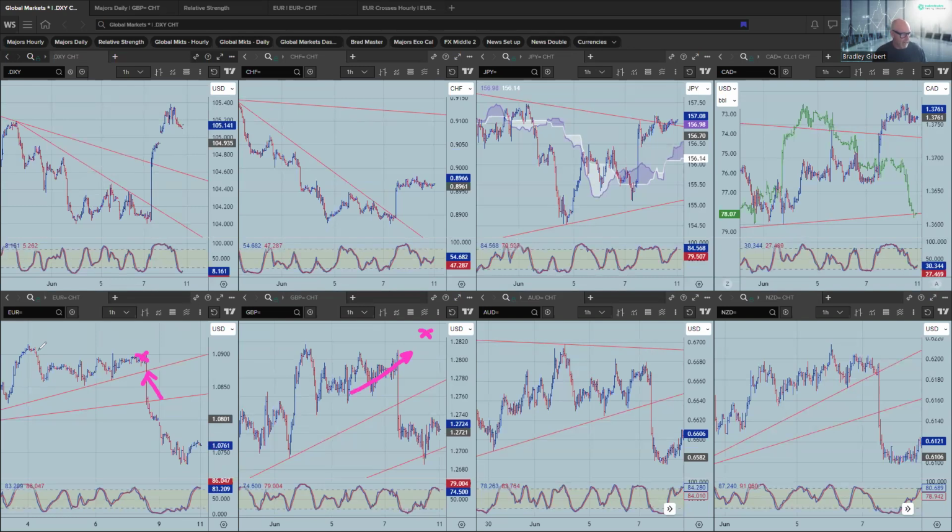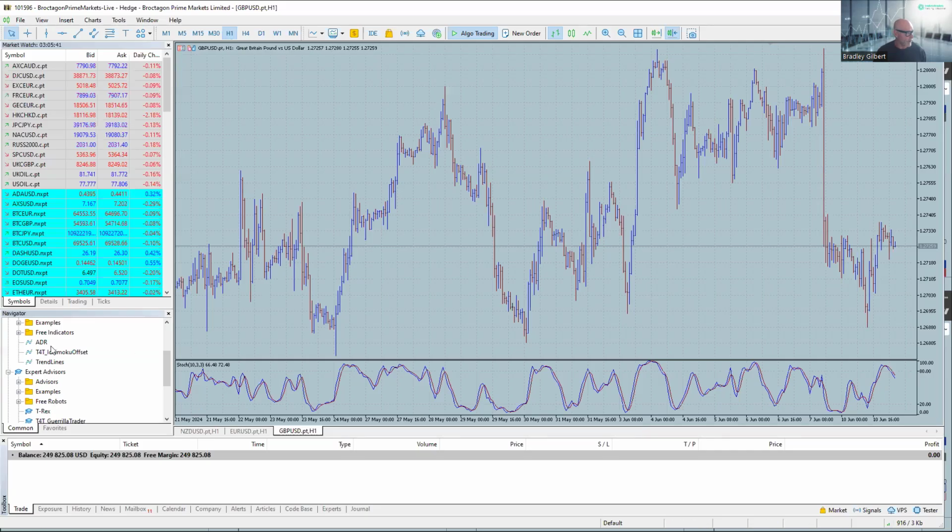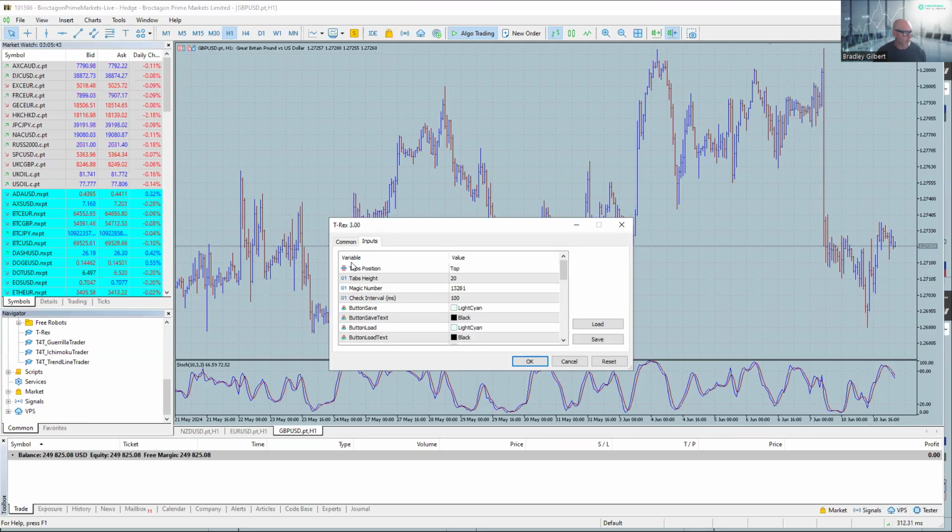It can be a little bit complicated trying to place a sell order on euro, and a buy order trying to get the move up on weak US numbers on sterling. You can do it, but it is a little bit convoluted, because what you would have to do is place T-Rex.